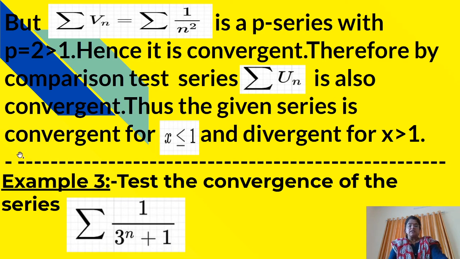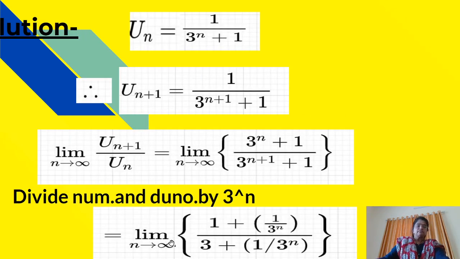Thus the given series is convergent for x less than or equal to 1, and it is divergent for x greater than 1. Now see the third example. Test the convergence of the series 1 upon 3 raised to n plus 1. Suppose the given series is un, and therefore un is equal to 1 upon 3 raised to n plus 1.